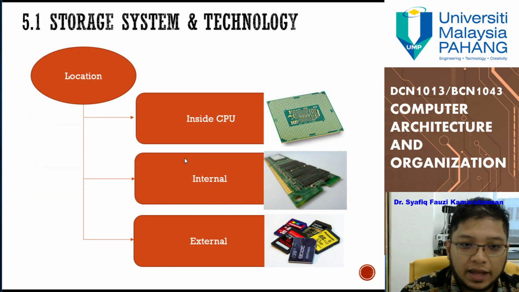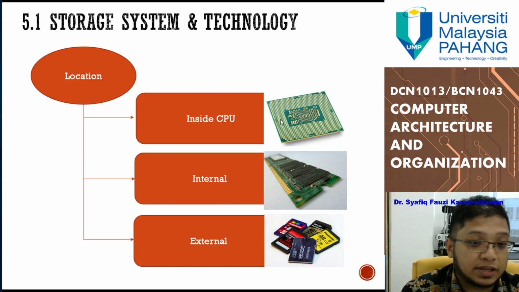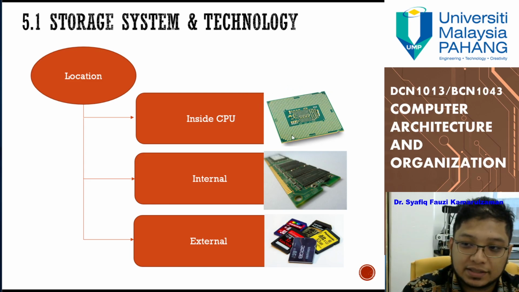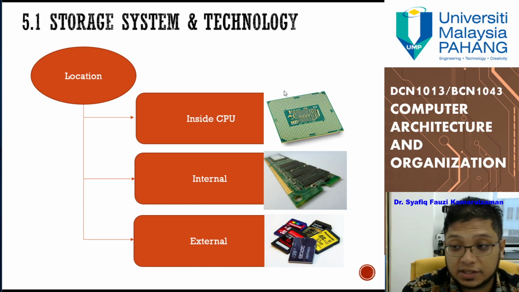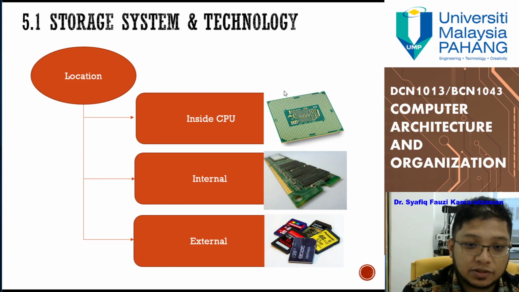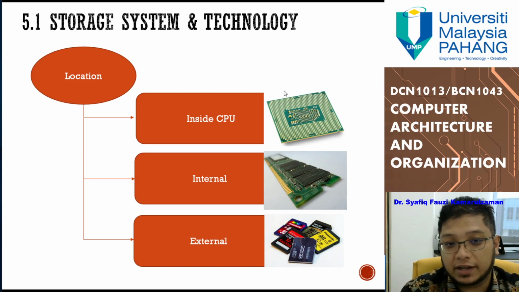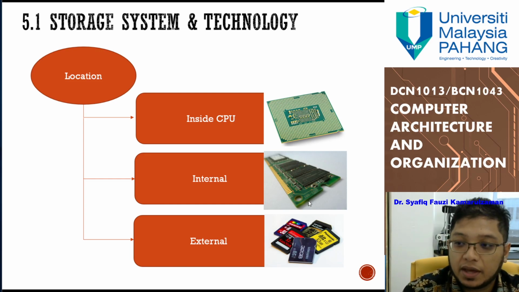Please look at the first one, location: where is your memory located? Inside the CPU we also have a memory, based on our last chapter. Under assembly language, we have what we call the register. The register is a kind of memory inside the CPU. It is basically a small space of memory, but it works really fast, as fast as the CPU itself.